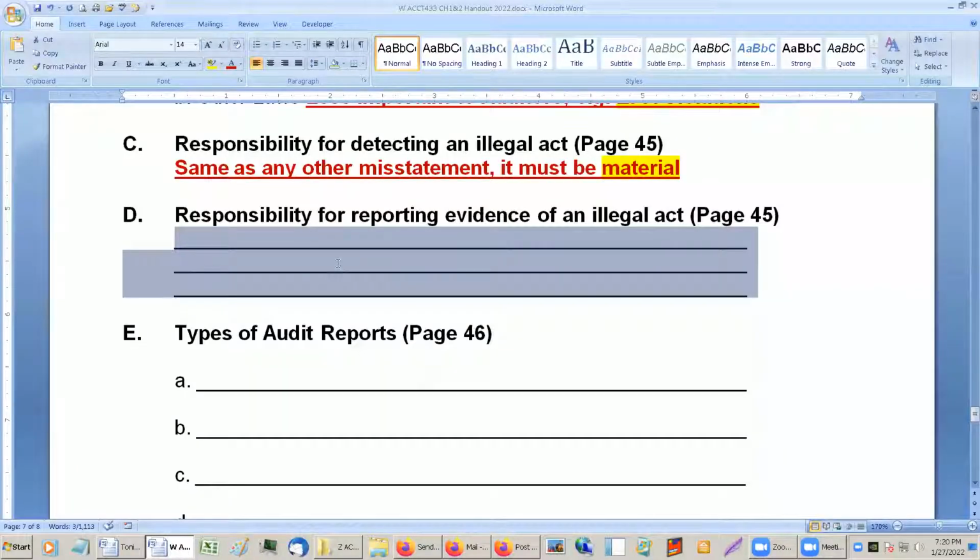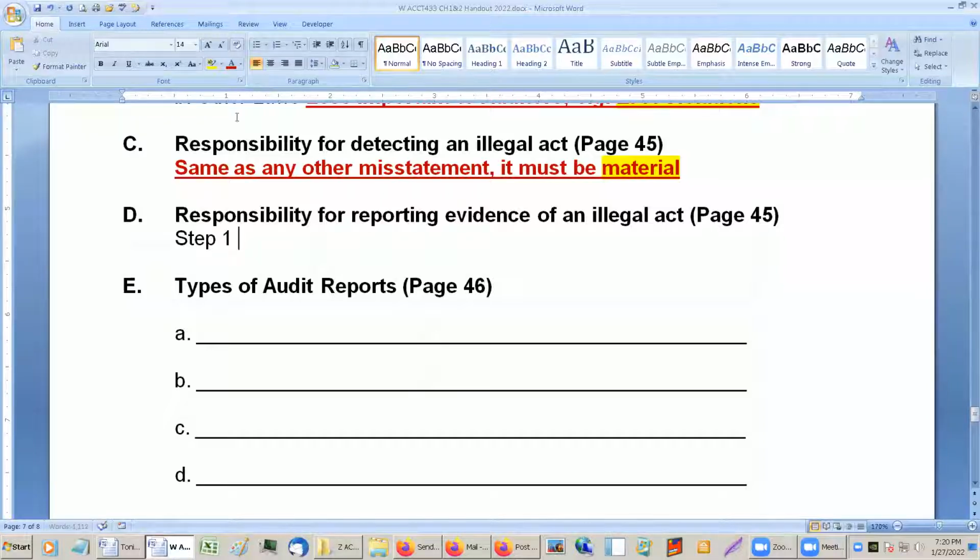So we'll call this step 1. Step 1 is report to upper management and the audit committee or board of directors.